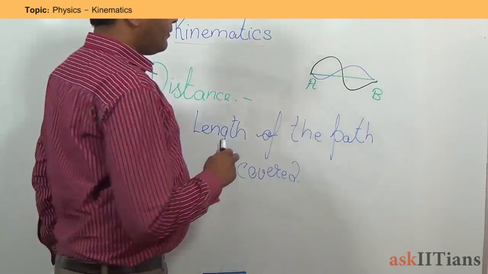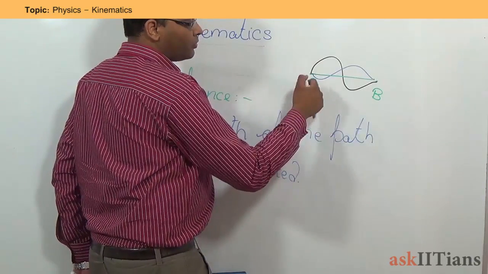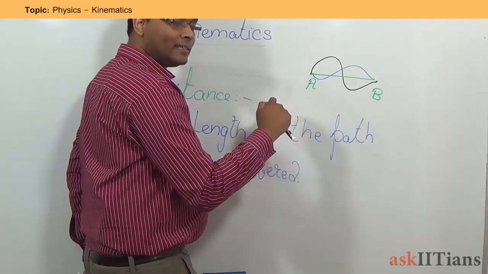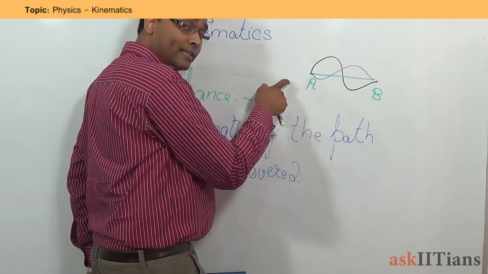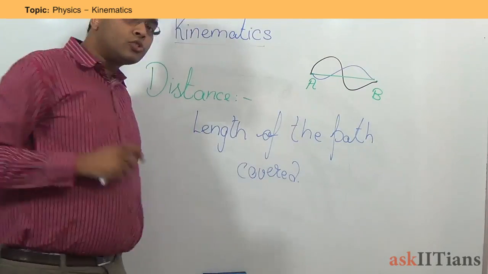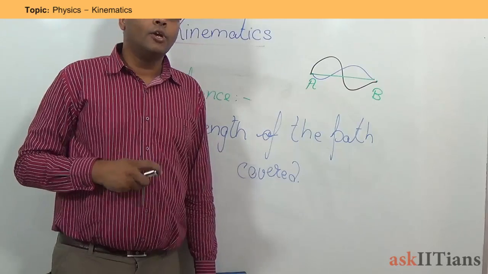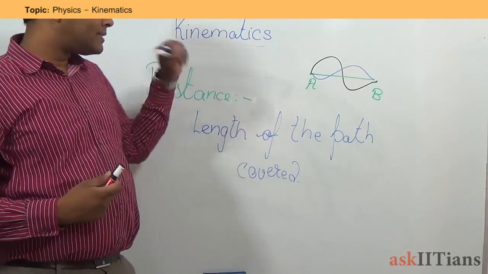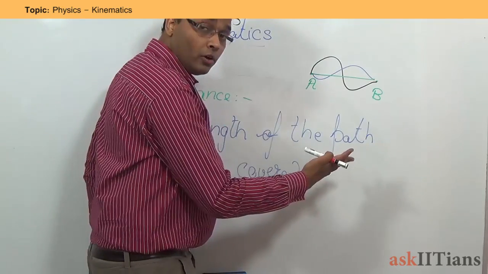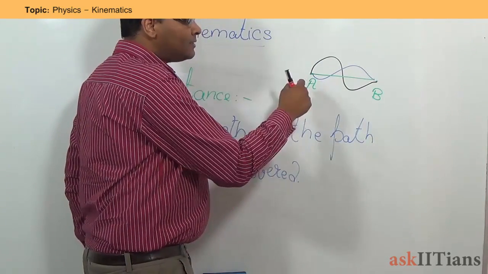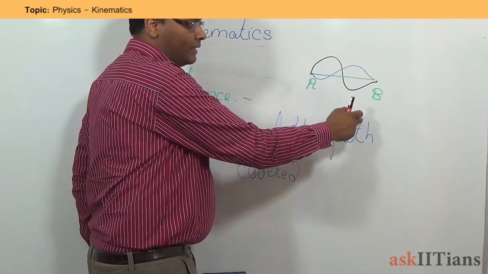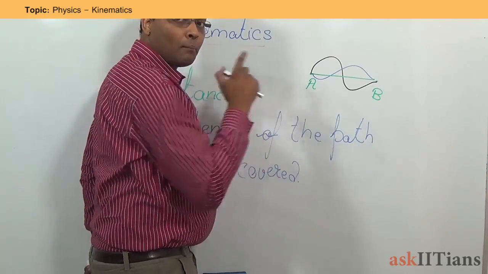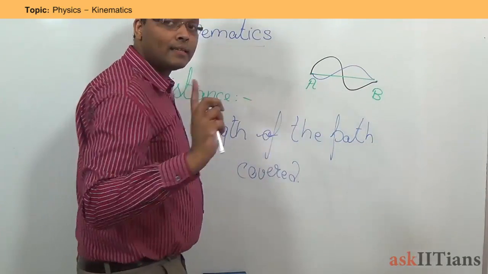But if I take the black colored path going from the point A to the point B, as well as the same black colored path coming from the point B to the point A, the distance is going to remain the same, right? Because it does not depend on direction, it's a scalar quantity. So the distance is independent of the direction. The distance in going from the point A to the point B is going to be the same as in coming from the point B to the point A, provided the path taken is the same.